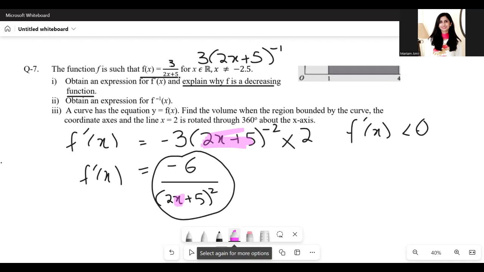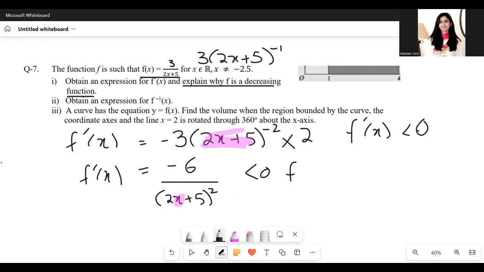And even if x is negative, the whole square makes it positive, and then the minus 6 at the top keeps it negative. So no matter what the value of x, this always stays negative. So you write less than 0 for all x. That's why it's always a decreasing function. Hence, decreasing function.